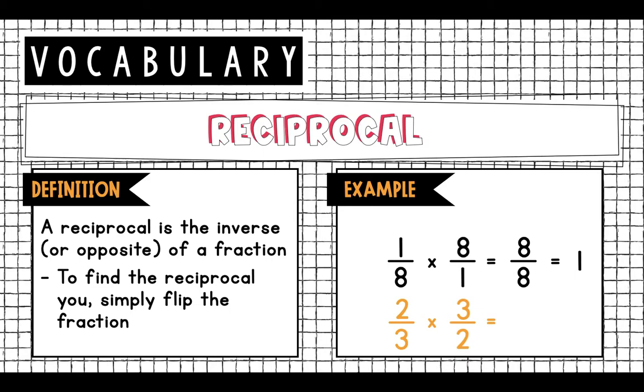So I know that these are inverse fractions because they end up canceling each other out, and I just get a product of 1. The same will work for 2/3 and 3/2. These are reciprocals, so they're the inverse, and if I multiply them, I would get 6 over 6, which is again equal to 1. So reciprocal fractions end up canceling each other out, and we can use reciprocals to make the division of fractions a lot easier.